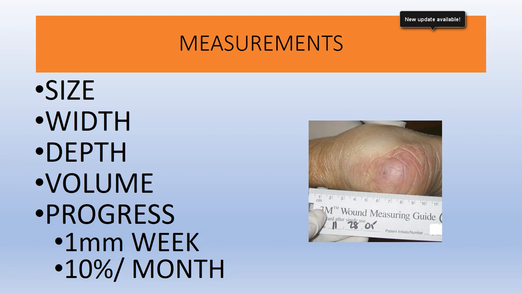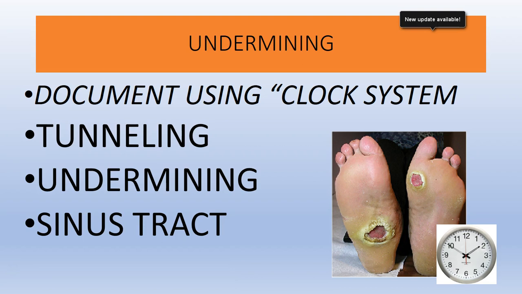And of course, we've all heard wound care products being pushed on us as suggesting that we should have 50% reduction in size at 4 to 6 weeks. This is not consistent with Medicare criteria, which again is 10% reduction per month or 1 millimeter per week.